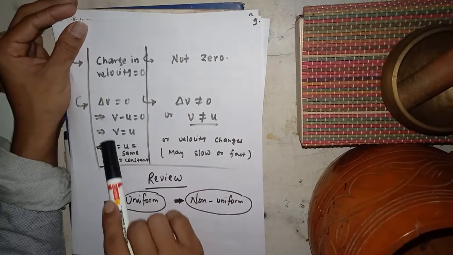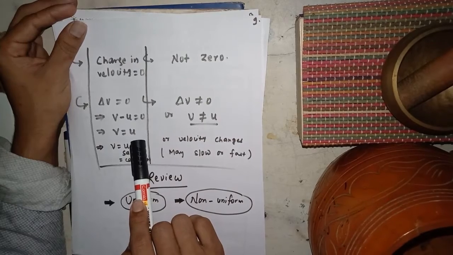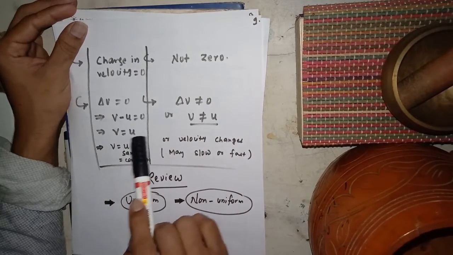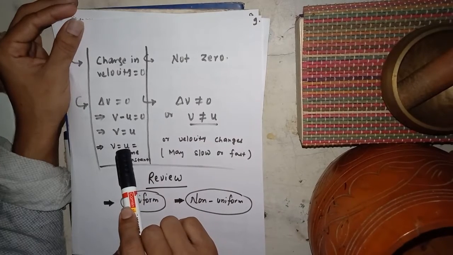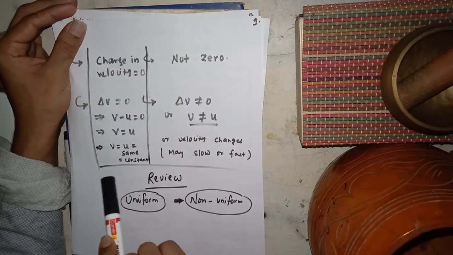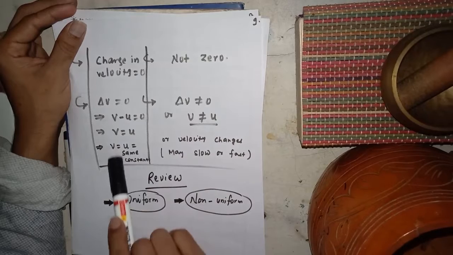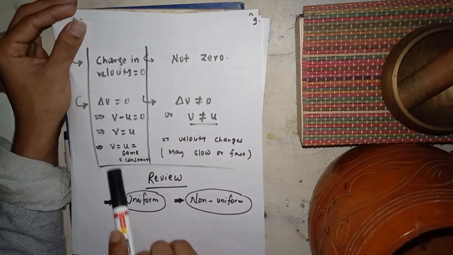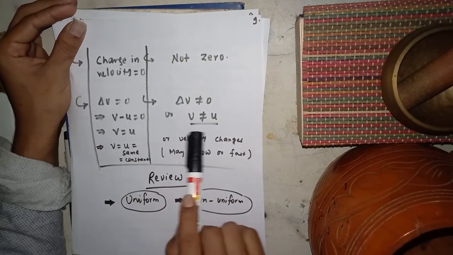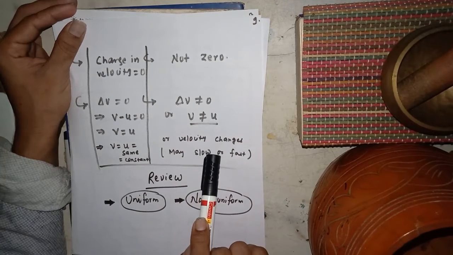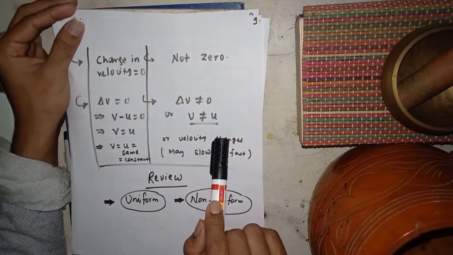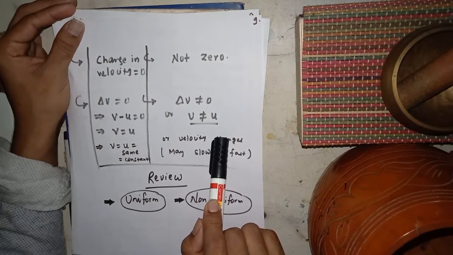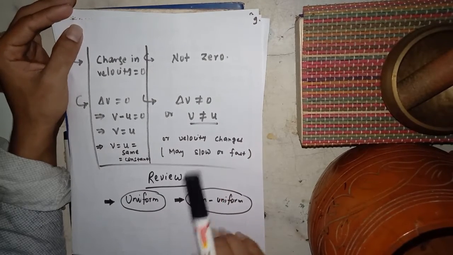So here you can solve it by V equal to U. It means at every place speed is same, or final speed is same as initial speed in this case. So it is called constant speed. But here speed or velocity changes, maybe faster, maybe slower, it doesn't matter. Have you got my point?